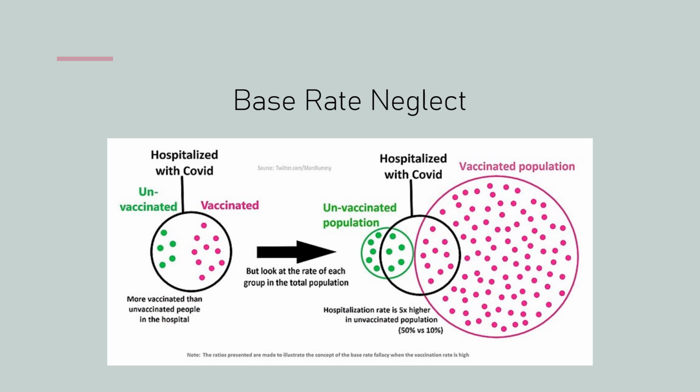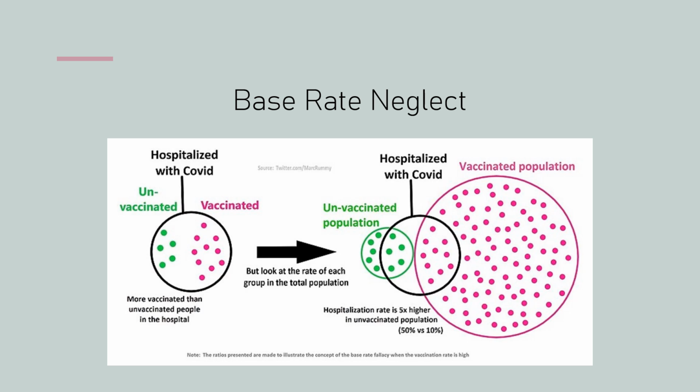It looks like there are more vaccinated than unvaccinated people in the hospital with COVID. So you might look at that and say the vaccinated are more likely to be hospitalized than the unvaccinated. But what that doesn't take into account is the underlying base rate. In other words, the vaccinated population is much, much larger than the unvaccinated population. So it's only a small percentage of the vaccinated population, presumably the sickest, the oldest, who are finding their way into hospitals.